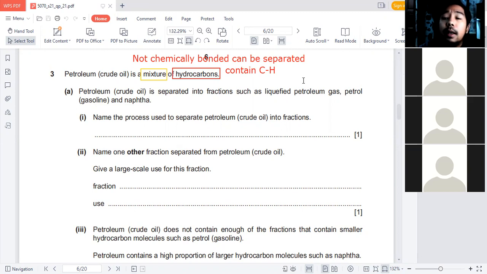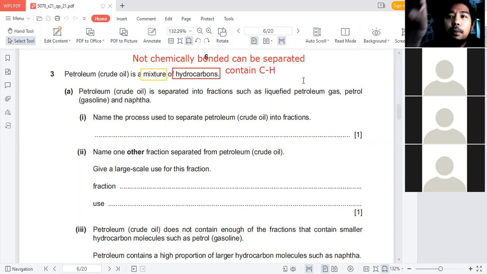Now, if you want to separate gases, it is a bit tedious because you have to liquefy them first. After you liquefy them, then you use fractional distillation. That's the only way, because you can't just separate gases simply by picking out molecules, since the molecules are far apart from each other.